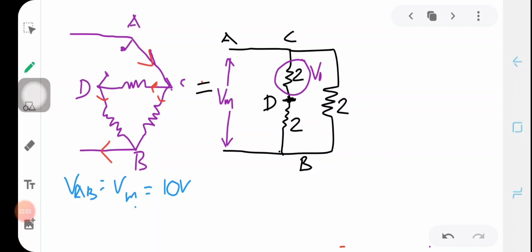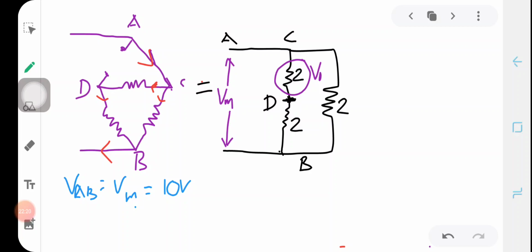Since B and C are in parallel, the voltage across CD will be the same as the voltage across CB.